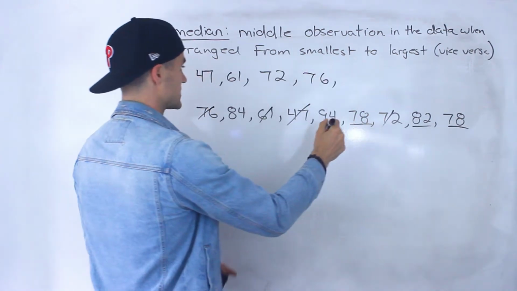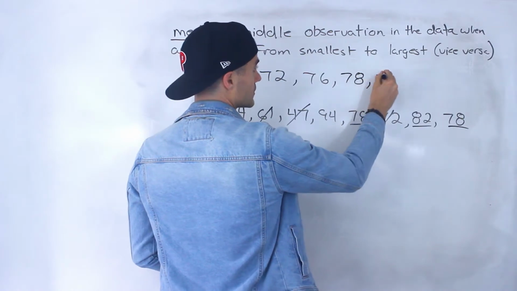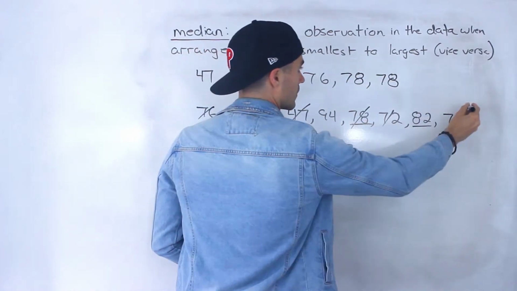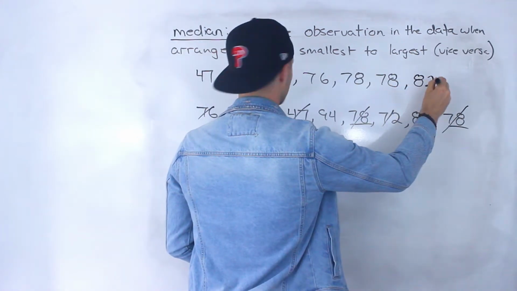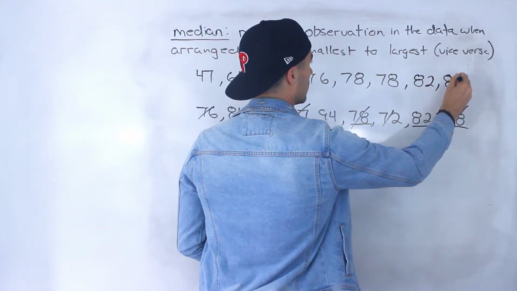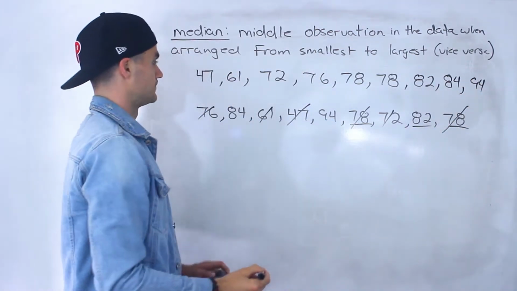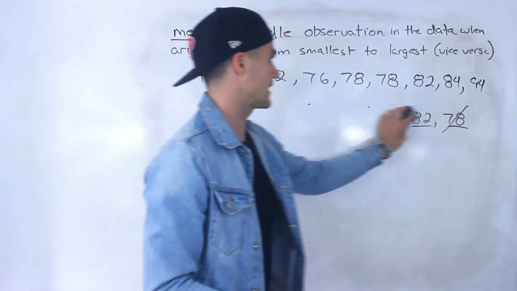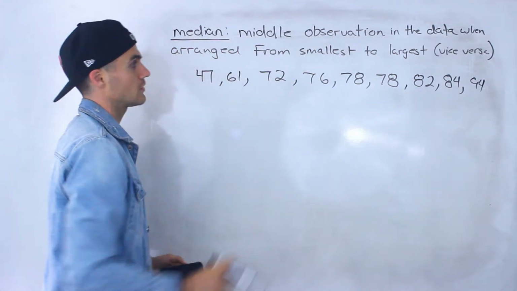And then we would have 78, and it appears twice, so we would write it twice. And then the next one would be 82, 84, and then 94. Right? So that is those 9 observations written from smallest to largest.